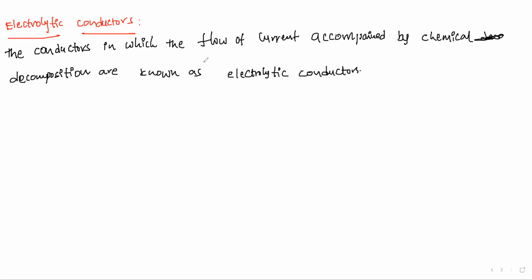Here, the conductors in which the flow of current is accompanied by chemical decomposition are called electrolytic conductors. There is a difference between metallic conductors and electrolytic conductors.